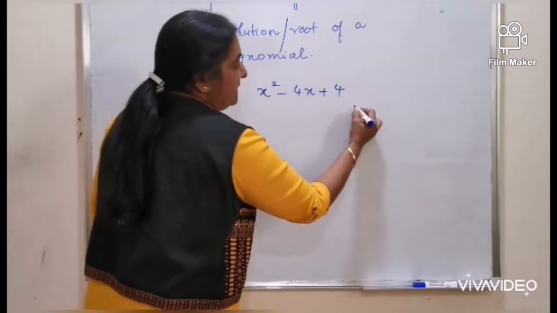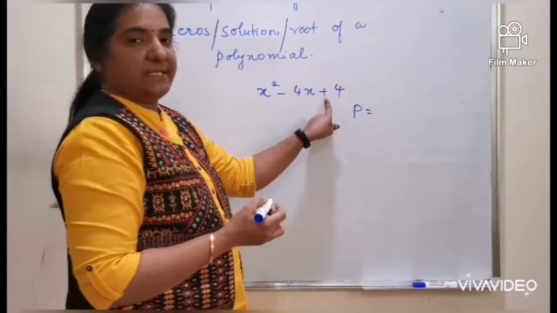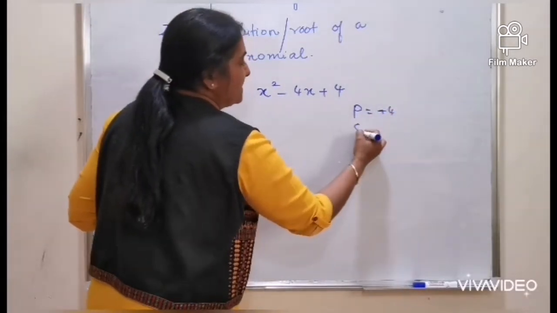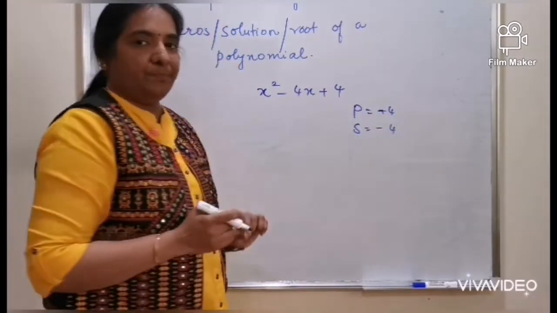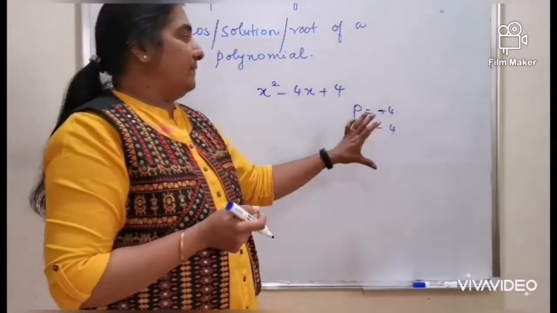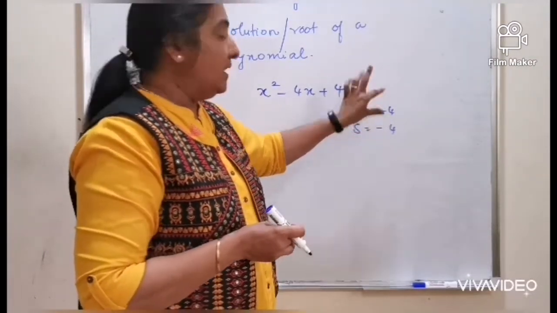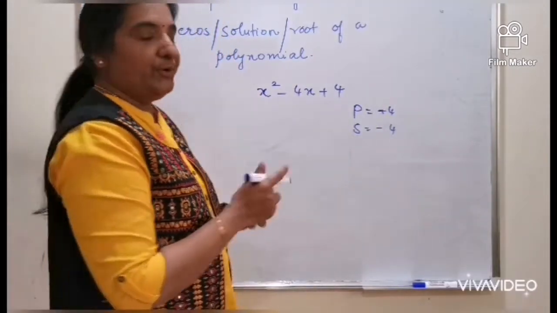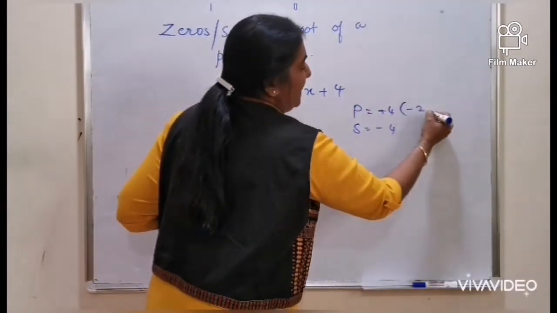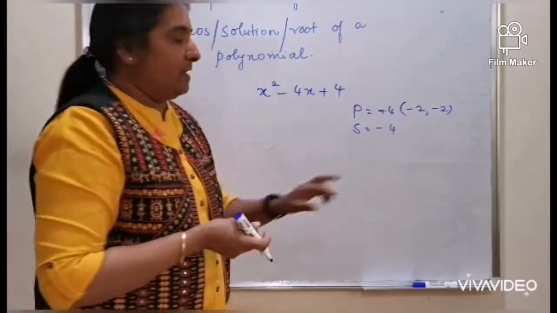The same method: as the product is positive 4, sum is negative 4. What are the factors of positive 4 which give you a total of negative 4? The factors are minus 2 and minus 2.